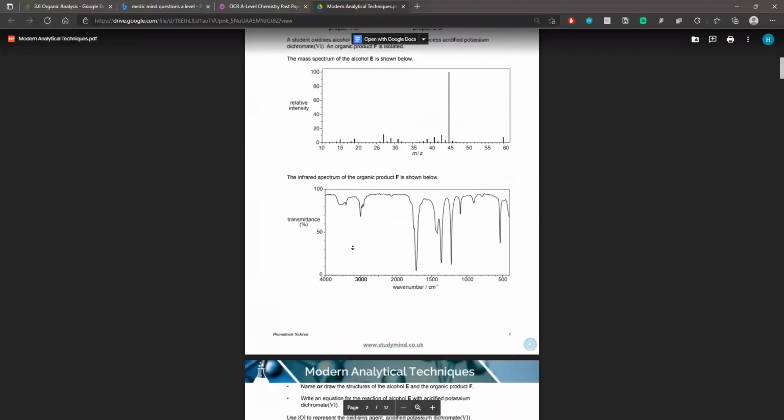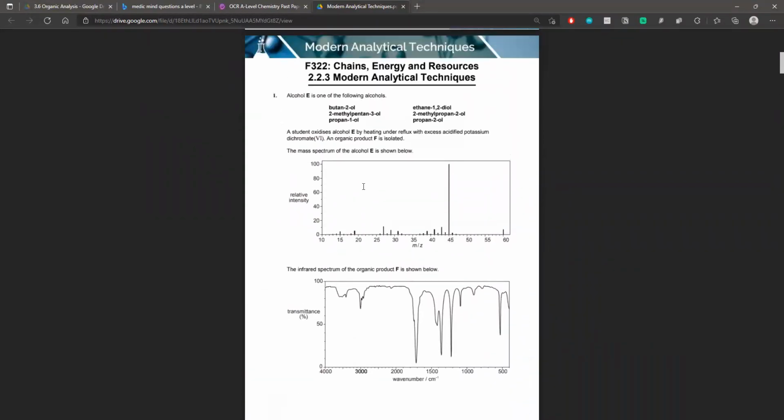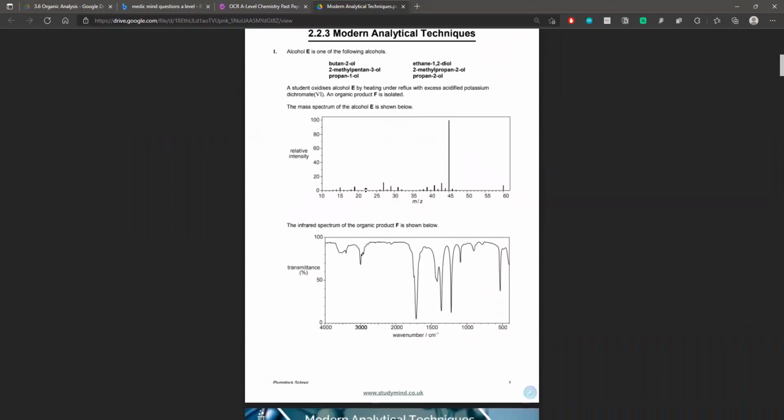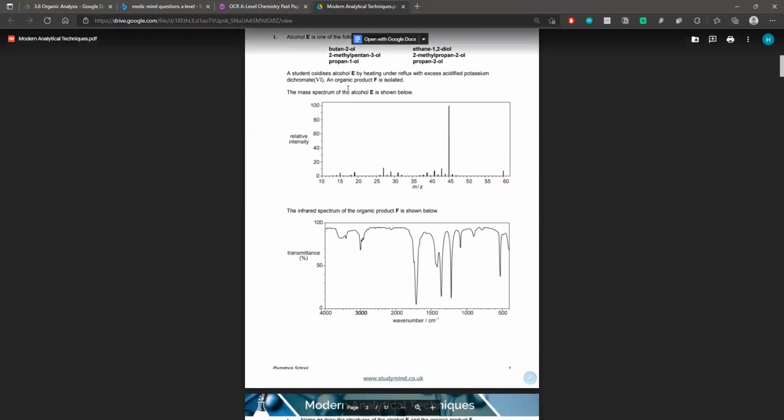Okay. So have a go at this. So the question is that alcohol, if you can identify alcohol E, identify what organic product F is then.